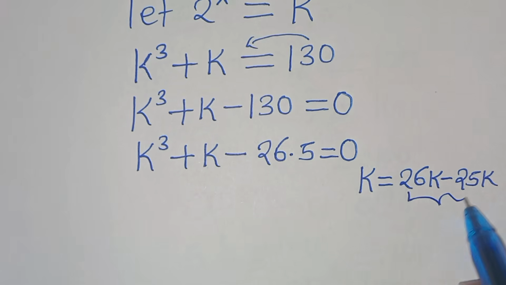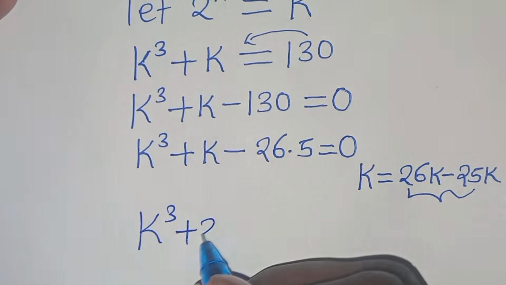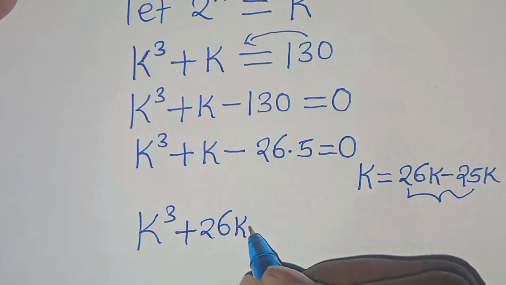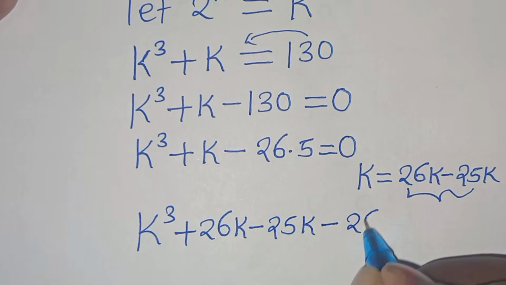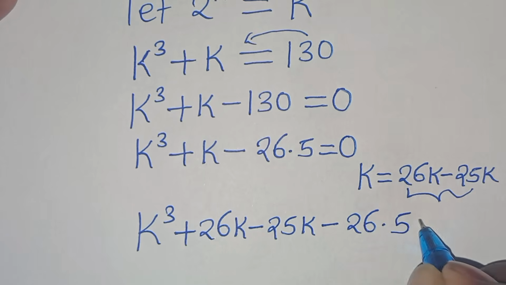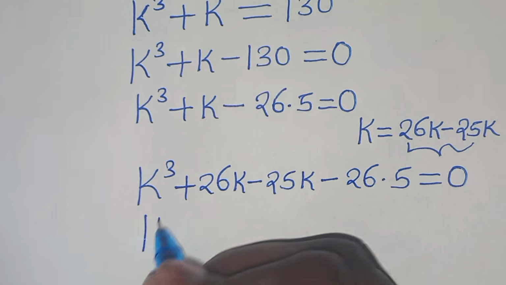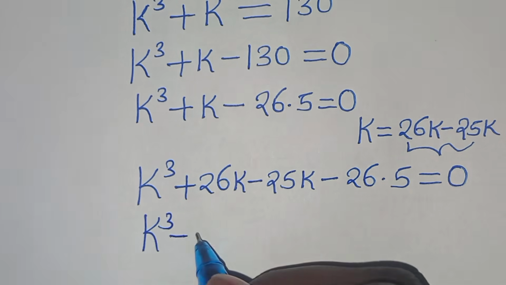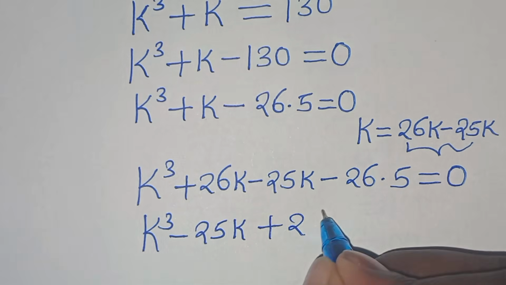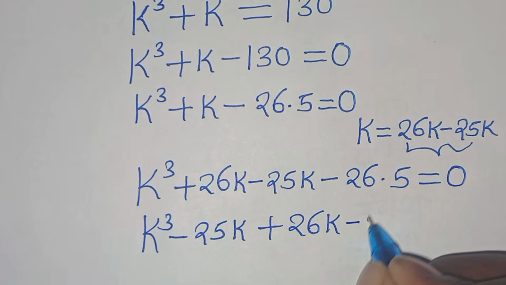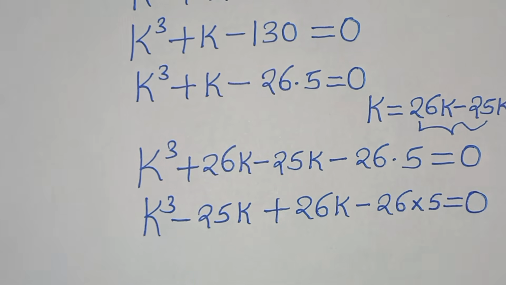So let's substitute with this so that we have k to the power of 3 plus 26k minus 25k, then subtract 26 multiplied by 5. This is equal to 0. So this is k to the power of 3, subtract 25k, then plus 26k, then subtract 26 multiplied by 5. This is equal to 0.